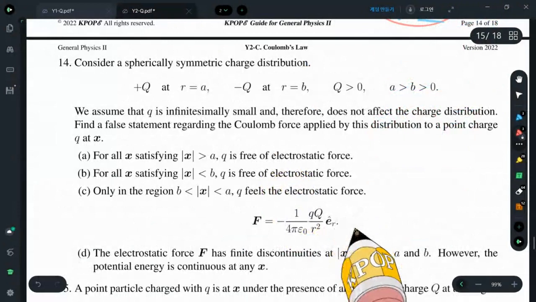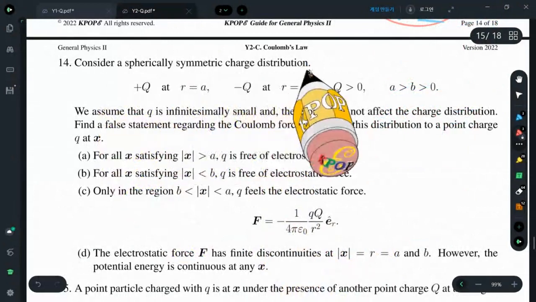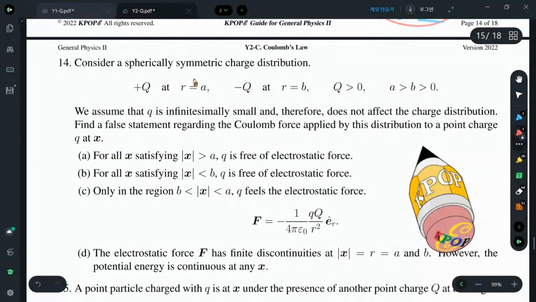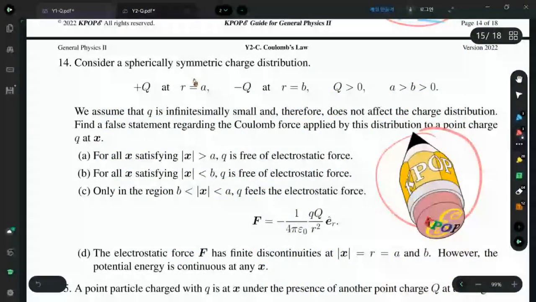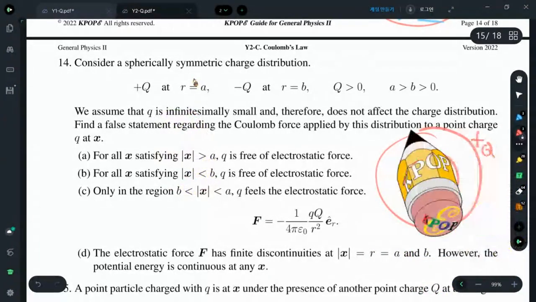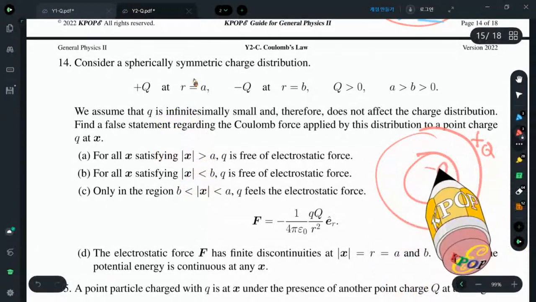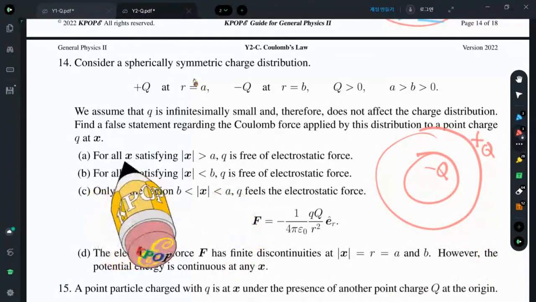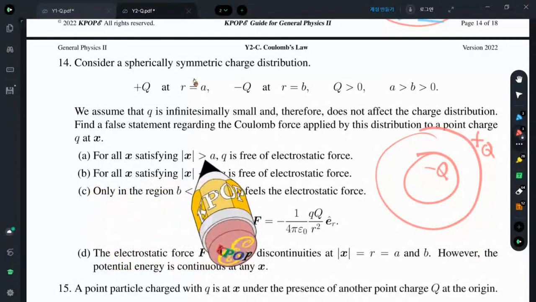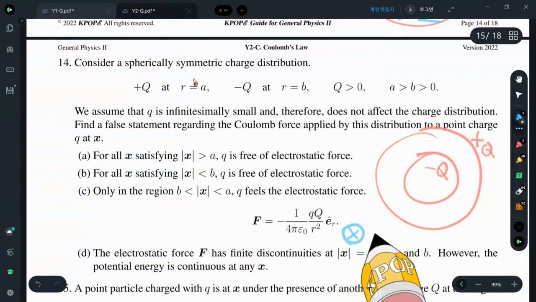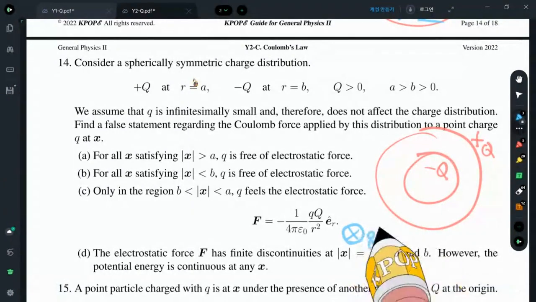Number 14, spherical symmetric charge distribution. We have radius A, radius B. At A, we have charge plus Q. This is a sphere, and we have minus Q. For all x satisfying x is greater than A, we put charge q outside.